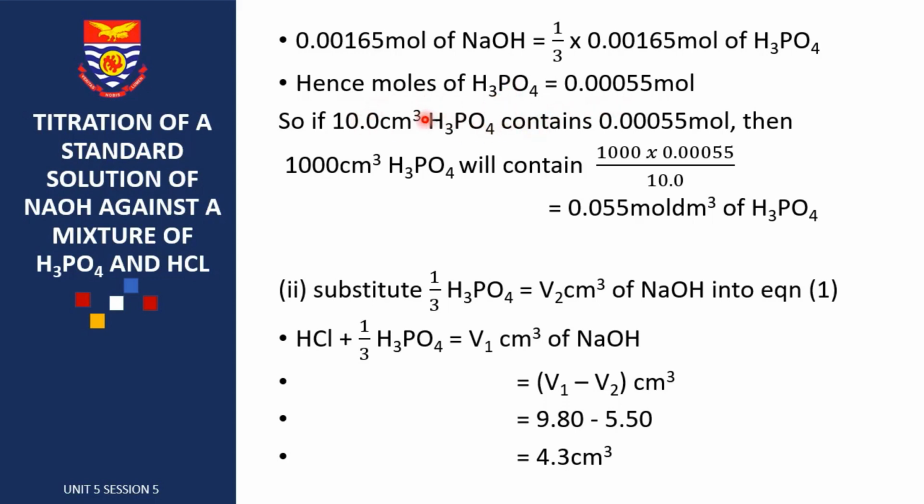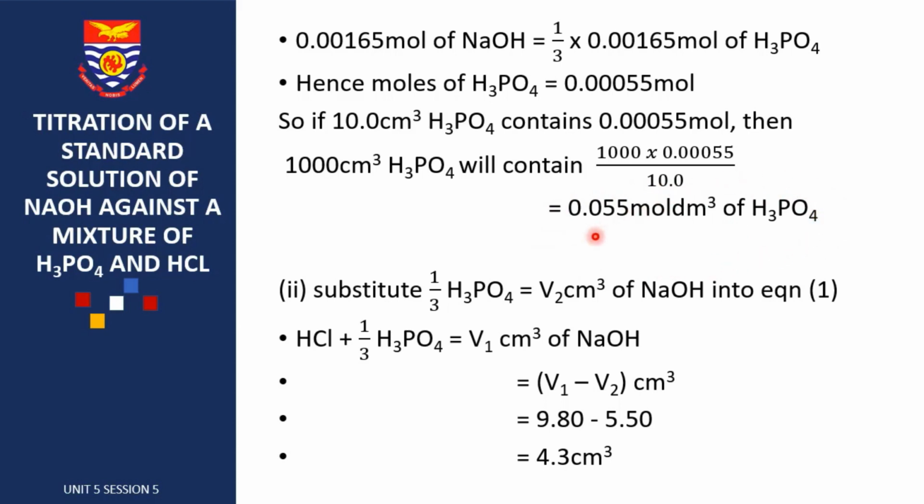So we have to change into 1000 or 1 dm cube by saying that if 10 is equal to 0.00055, then 1000 is equal to what? 1000 is equal to 0.055 moles per cubic decimeter. So this is the concentration of the phosphoric acid.